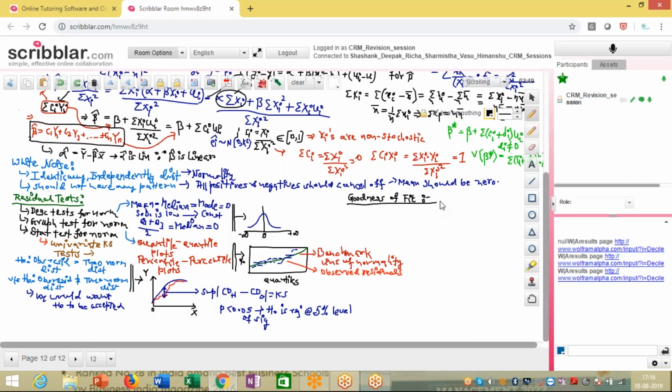So the next part is the goodness of fit. To assess the goodness of fit of the model, we need to assess it along two grounds.